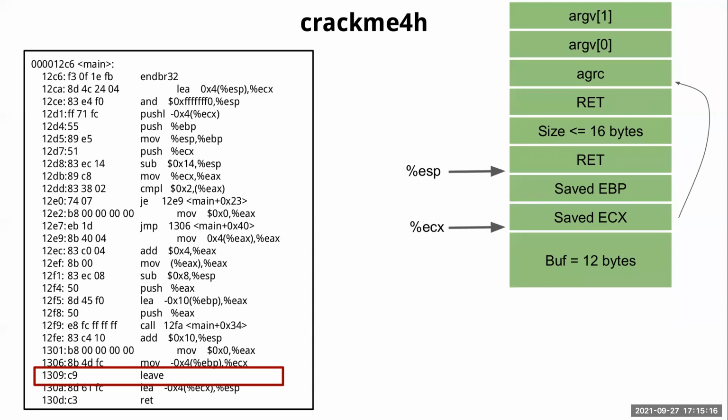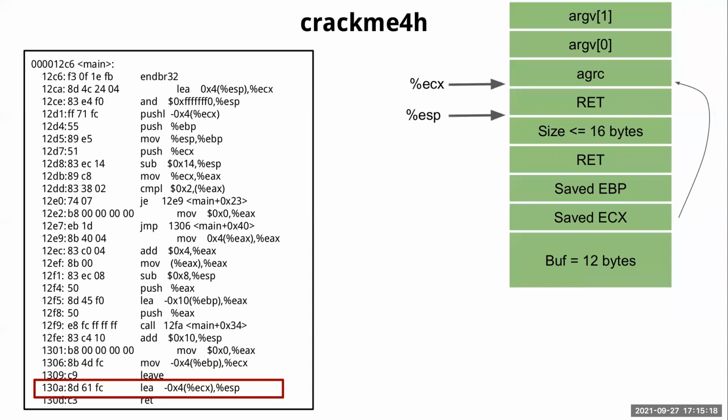Then we have one more step, load effective address ECX minus 4 to move this one to ESP. After this instruction, ESP will point to the original return address. Then we will do return.